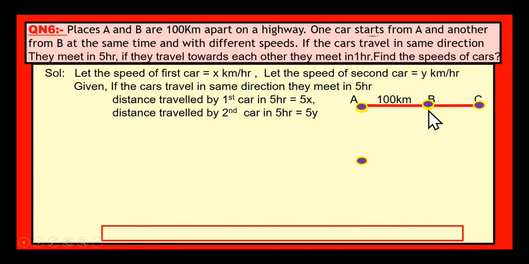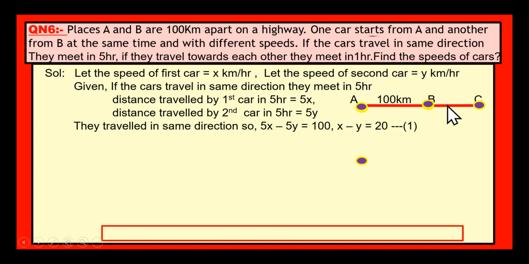Now how to get AB? AB is nothing but AC minus BC. If you subtract BC from AC, you will get AB. Therefore, if both the cars travel in the same direction, the difference of their distances is 5x minus 5y is equal to 100.